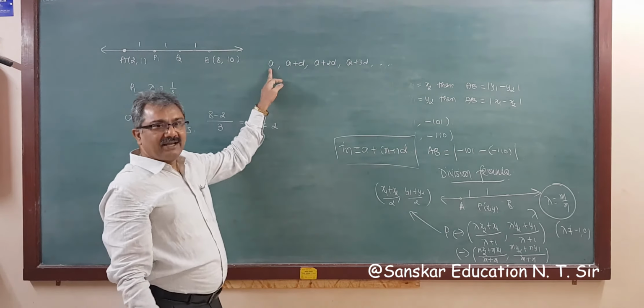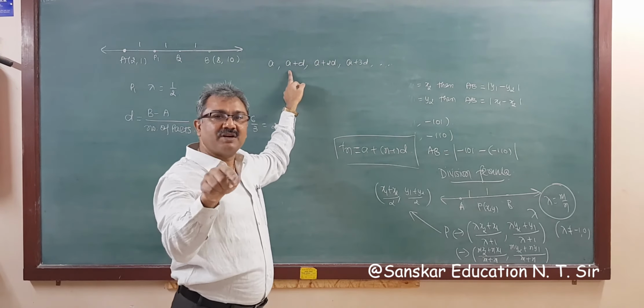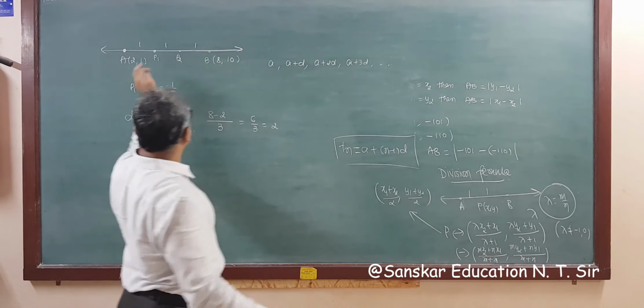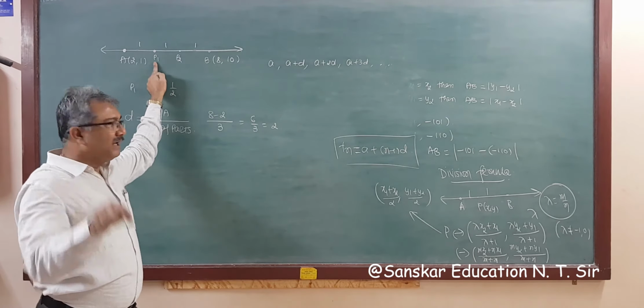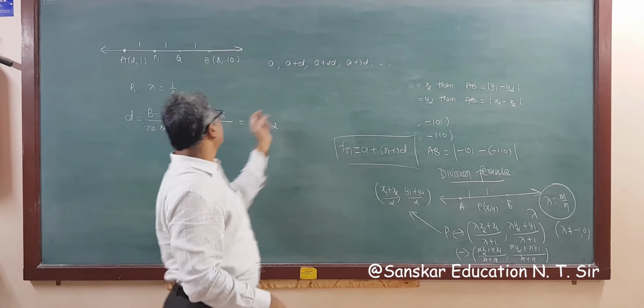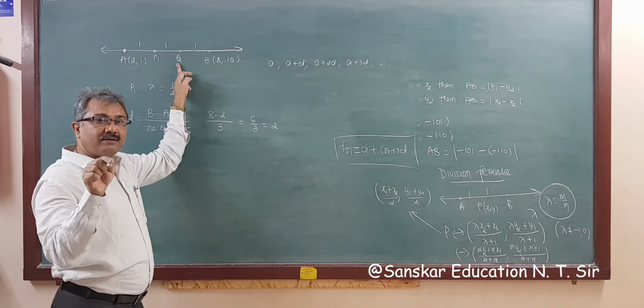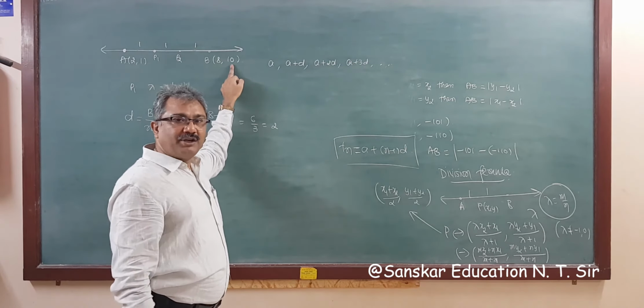So first term is a. If we add the difference to the first term, we will get the second term. So P1 is your second term. If we add d to the second term, we will get a plus 2d, that is the third term. If we add d to this third term, we will get the fourth term, that is our second point, right?